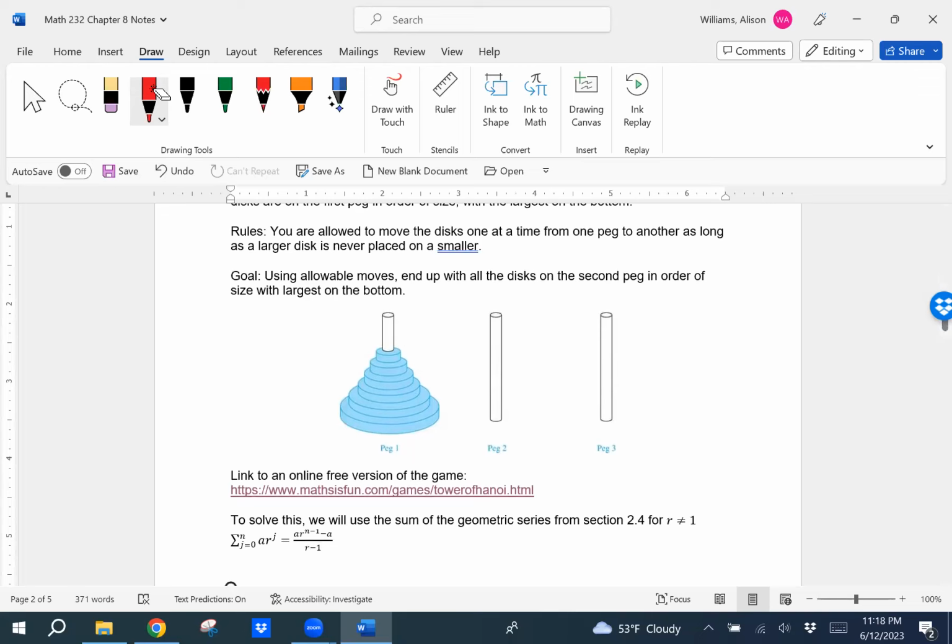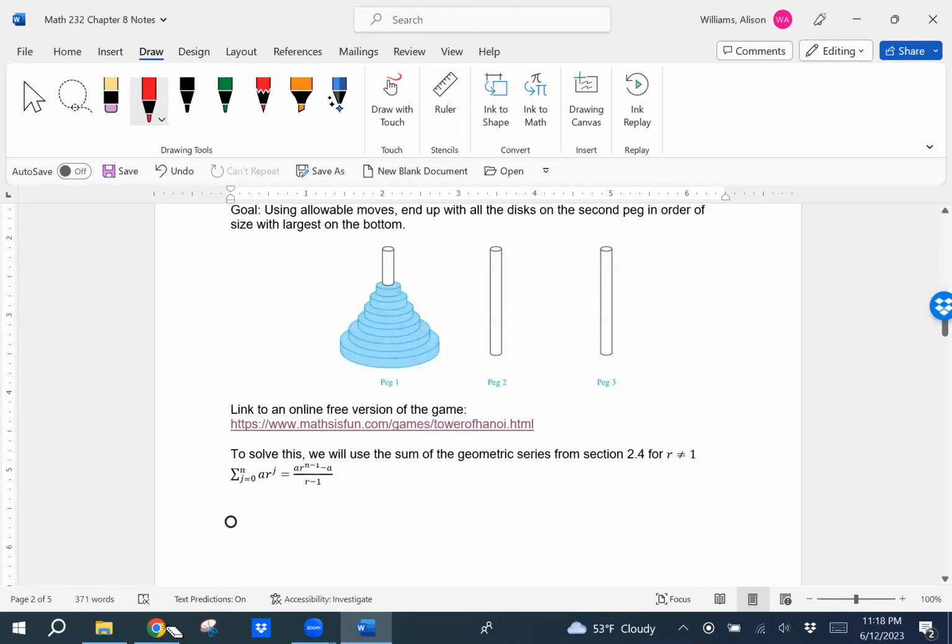Before we do that, we are going to need something from a previous section. In particular, we're going to need the summation formula for a geometric series. A geometric series is when you're multiplying by the same number with each new term. All right, so I wrote the formula there, and we're going to use that. To start this problem, I want to show you the basics.